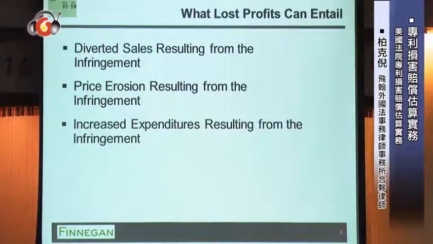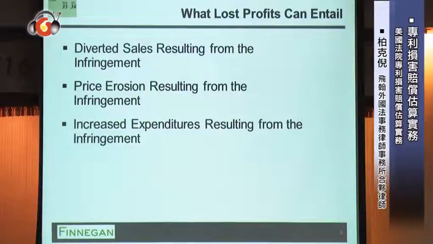And that is the effect of the infringer in the marketplace not only takes sales away from the patent owner, it forces the patent owner to lower its prices. And so the courts try and allow the patent owner to recover the losses it suffered as a result of having to lower its prices to meet the competition that the infringers brought on.